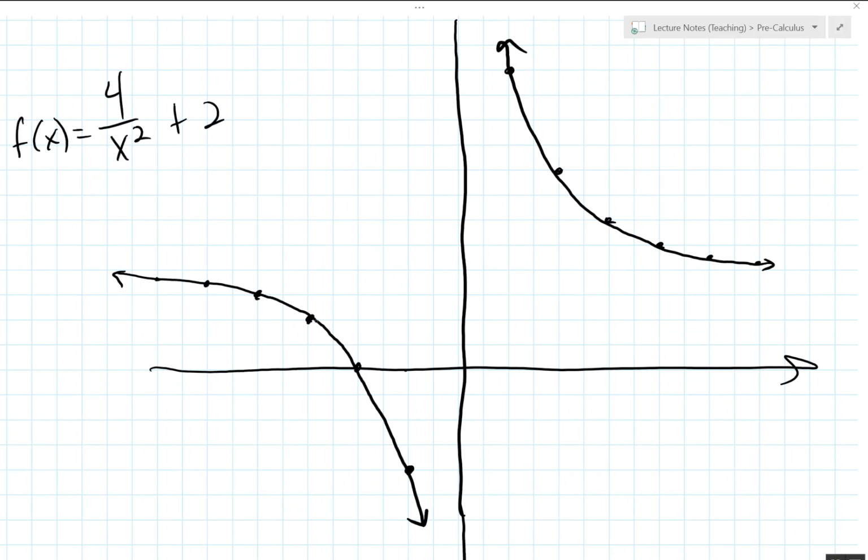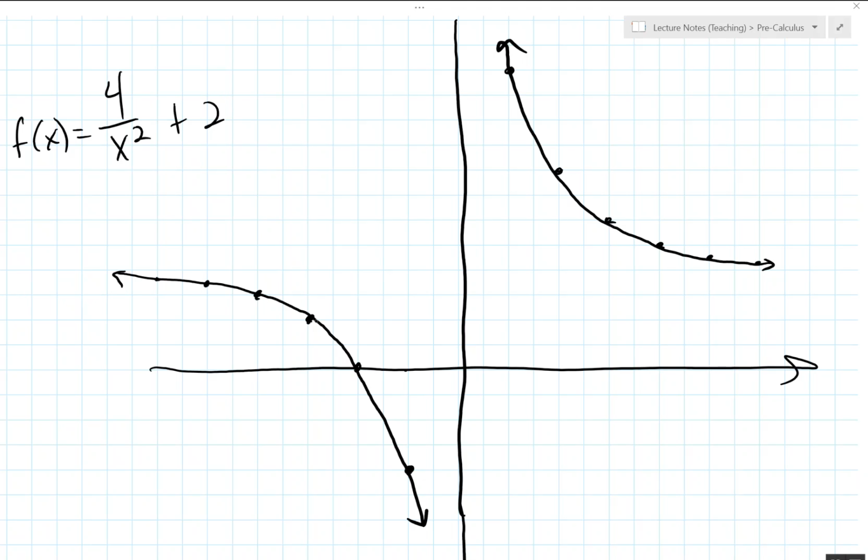So here's the graph of this function, 4 over x squared plus 2. And so we want to come up with an inverse for this. Now, unlike our previous example, we don't get a full range of values, so we have to pick a branch that we want an inverse for.